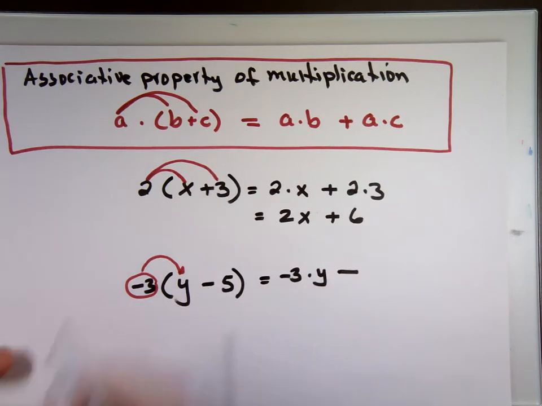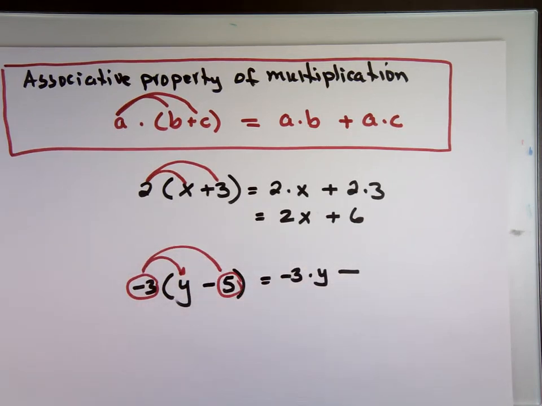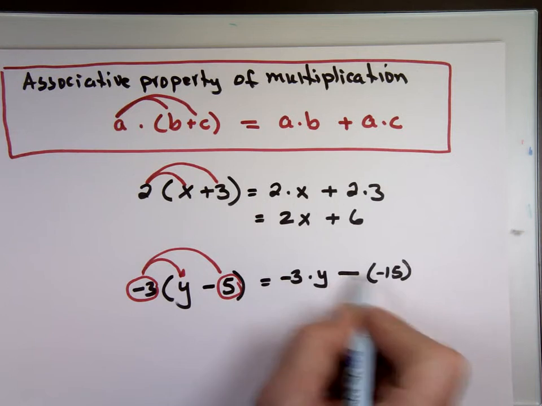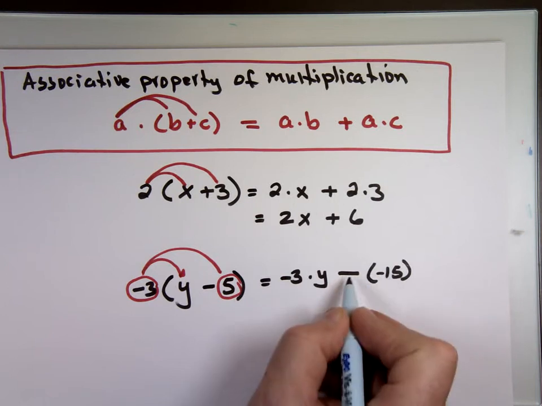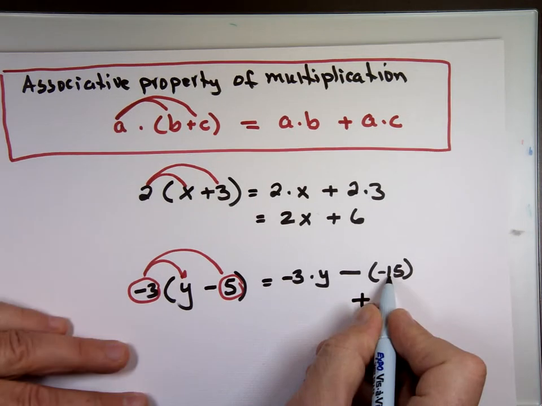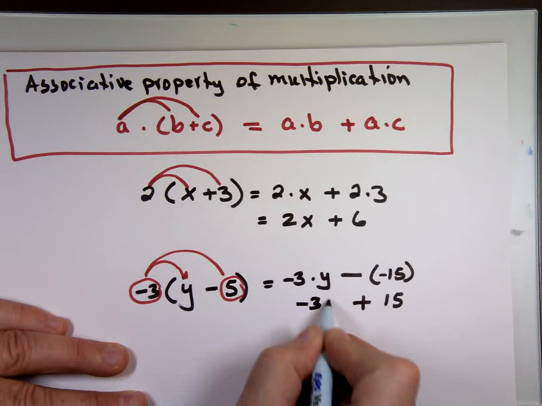And what is negative 3 times the 5? Negative times the positive is what? Negative 15, right? So it's minus a minus 15. What is the opposite of negative 15? We make that a plus, and we change the sign of that to positive 15. So it's negative 3y plus the 15.